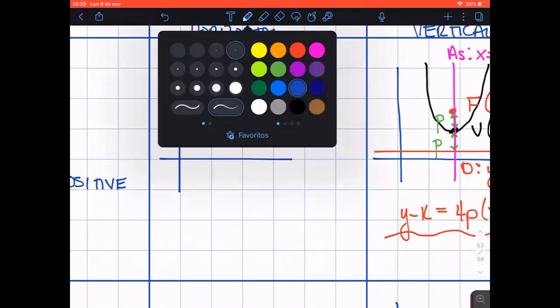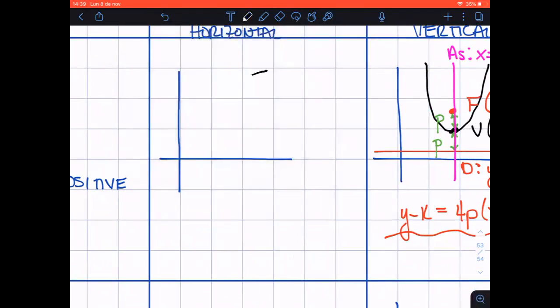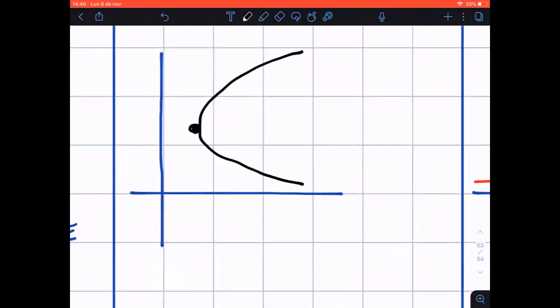And now a horizontal positive parabola will look like this, right? The vertex is right here. Again, h comma k coordinates. H comma k. And now the focus will be inside the parabola to the right. The directrix to the left, right? Okay, that looks weird. There we go.